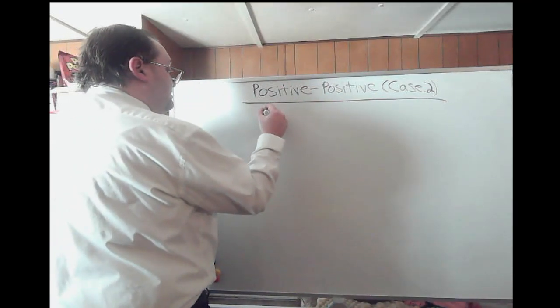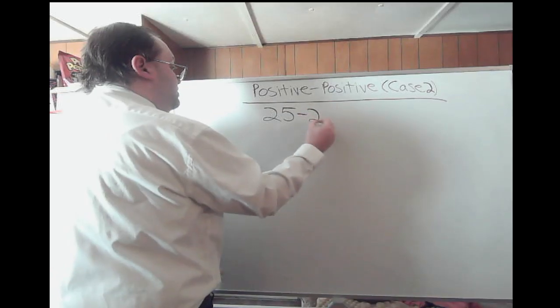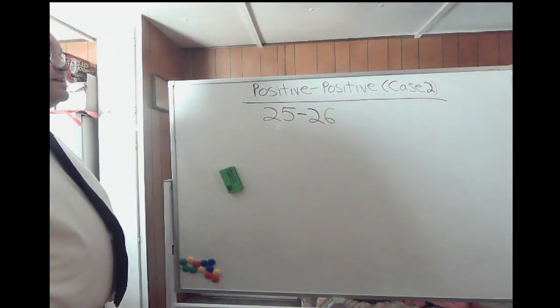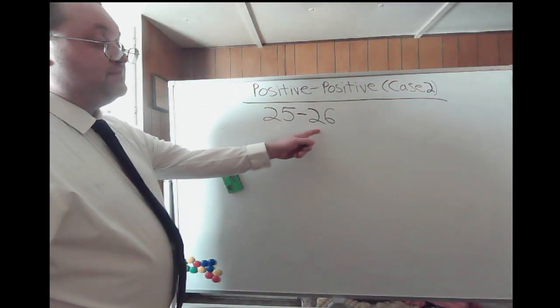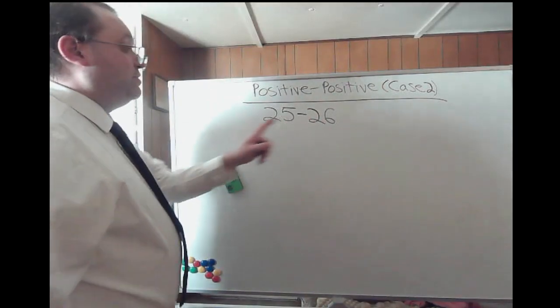Alright, so we have 25 minus 26, right? 25 minus 26. Well, this is a case of a positive minus a positive. However, the first number is less than the second number.